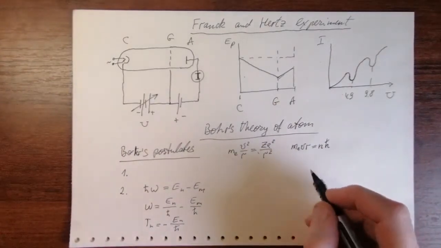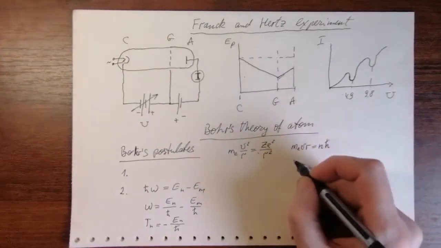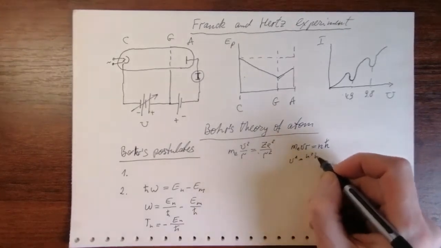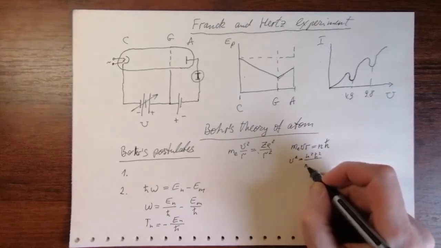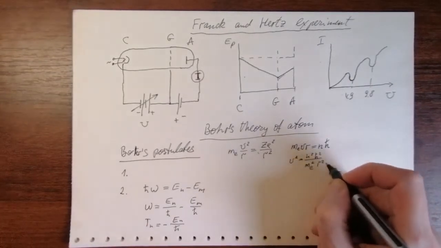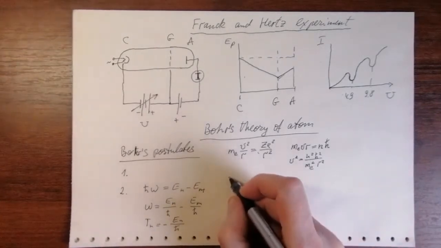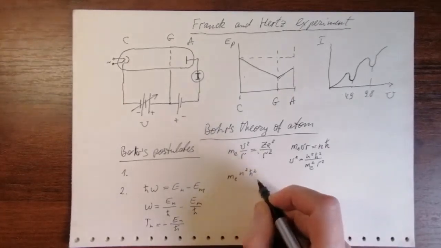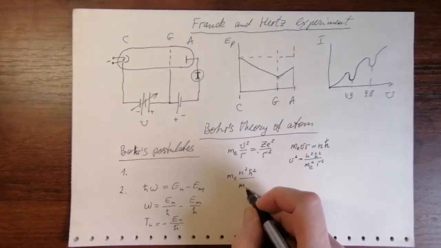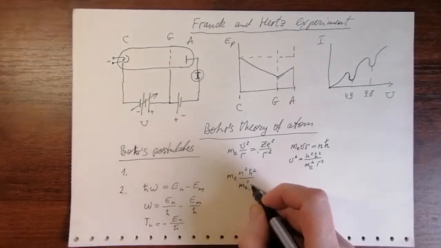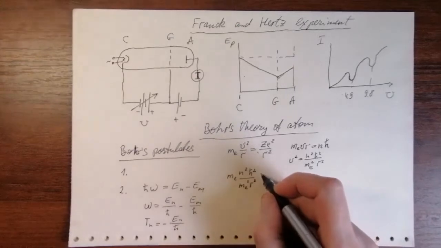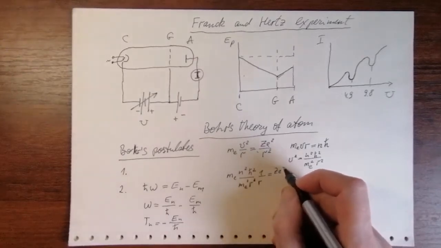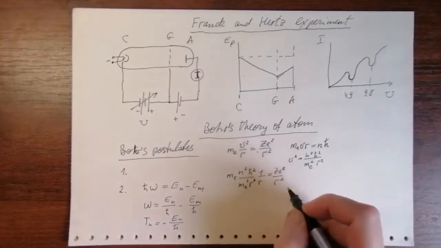If so, we can obtain that v squared is n squared h squared over me squared r squared, and substituting it here we obtain me n squared h squared over me squared r squared times 1 over r is z e squared over r squared.